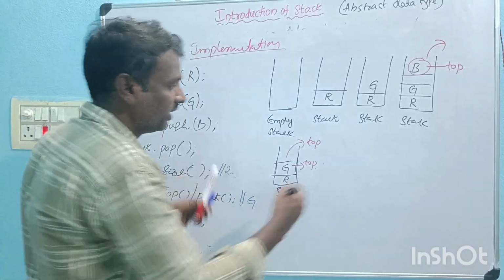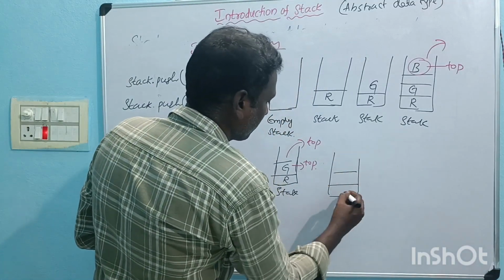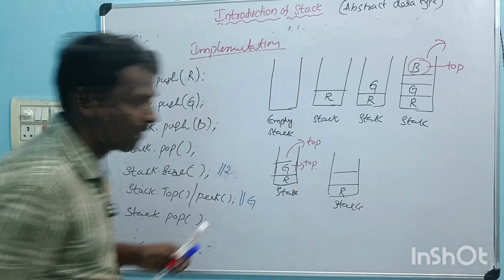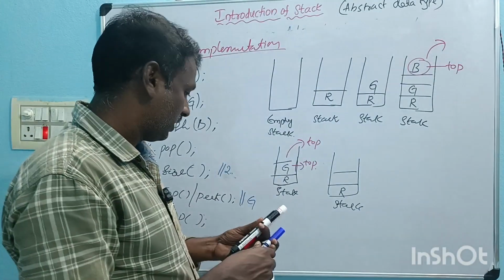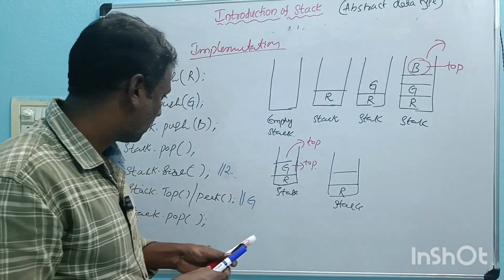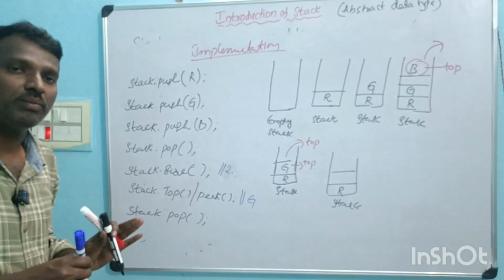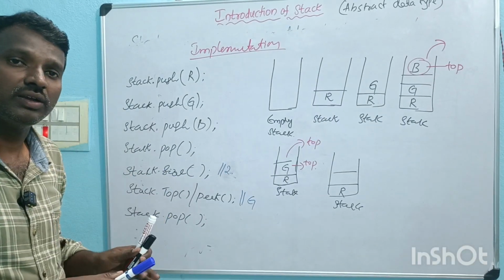Then our stack is updated. Only R is available. So finally only a single element is available in our stack.